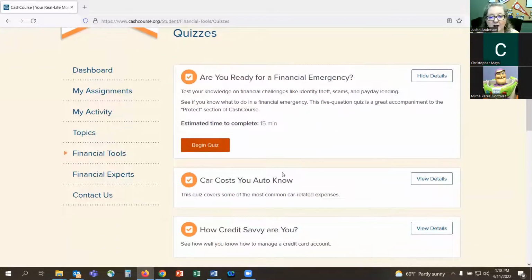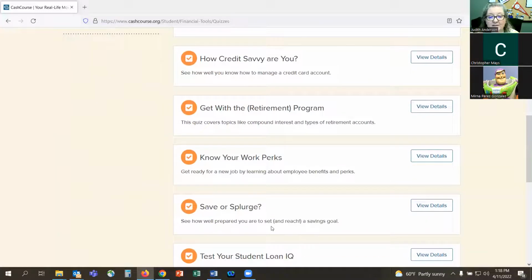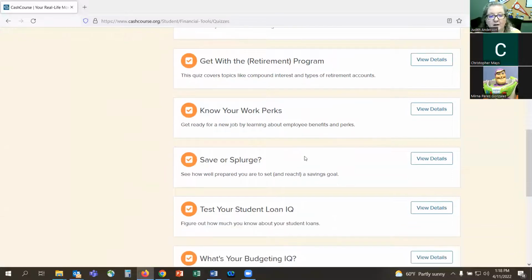And then here's car costs. And then how credit savvy are you? Retirement, know your work perks. That's employee benefits and what all that entails, like paying for sick leave and annual leave, or if your company pays for partial health insurance for you.